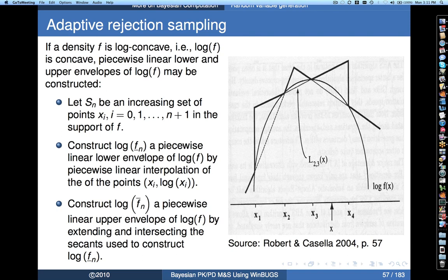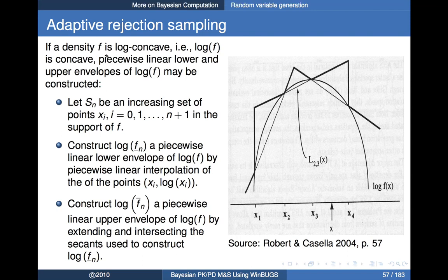And again, this is the algorithm that BUGS often uses, but it only works in the special case where our density function is log concave. And again, that means the log of that density is concave.